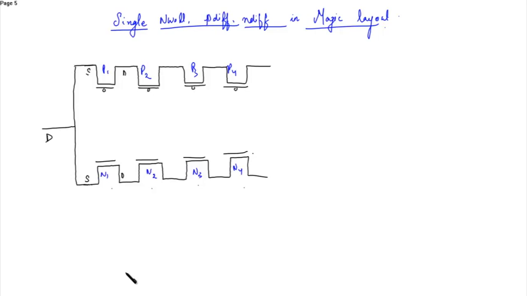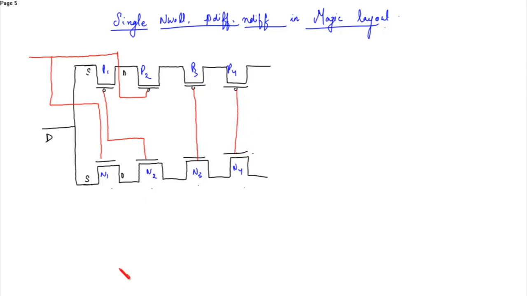Okay, now this is the transmission gate. The gates are connected in this way. This is the inverter. So the gates of the inverter are connected.